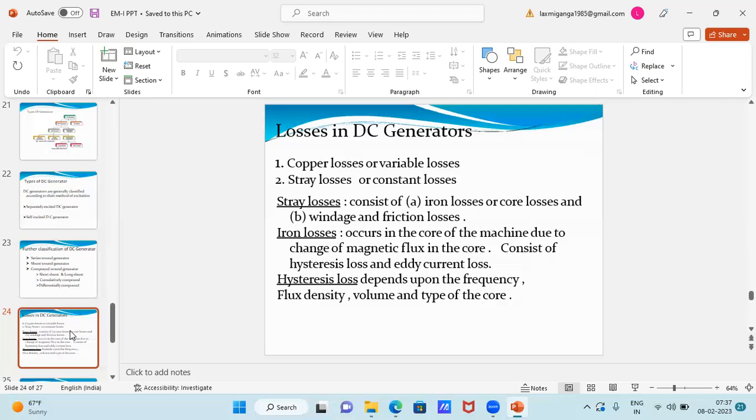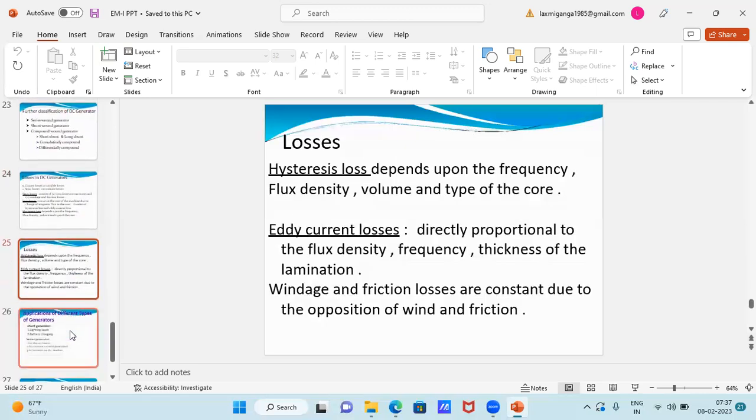Hysteresis losses depend upon the frequency, flux density, volume, and type of the core.